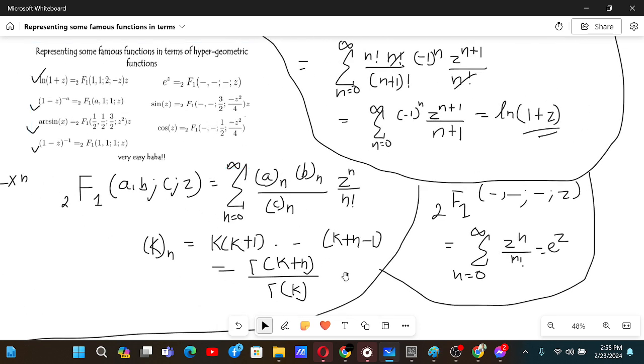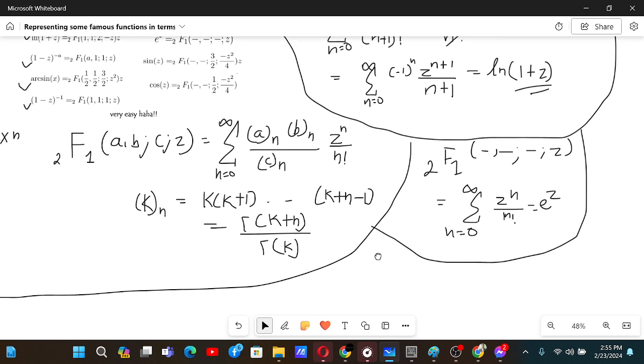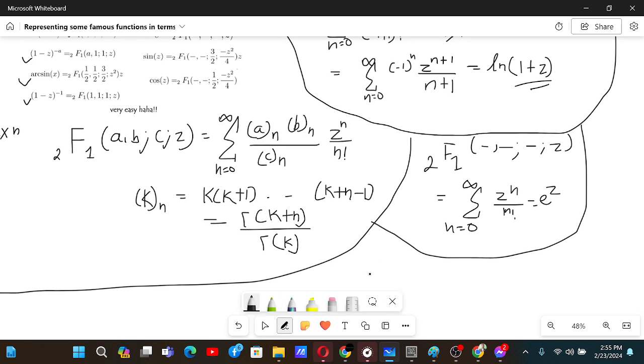Nothing, 3 by 2, minus g square by 4. Okay, so 2F1 of nothing, 3 by 2, and then minus g square by 4. And then times g is also there. Okay, fine.